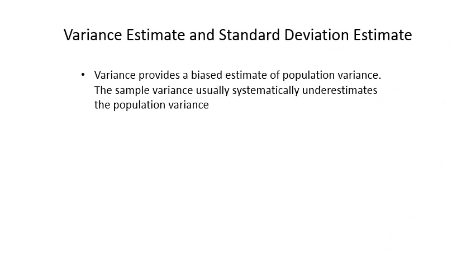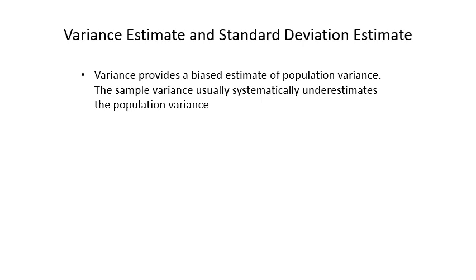Okay, real quick, just one extra thing to add to what we're talking about here, and that is variance estimate and standard deviation estimate. One problem is when you're doing samples. We've been talking about the difference between a sample and a population, and I've been giving you the symbols for population, but I also gave them to you for sample real quick.